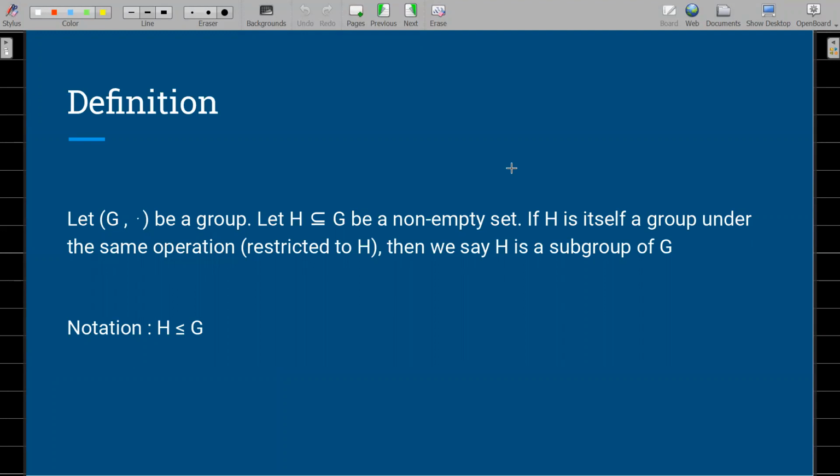If H is itself a group under the same operation restricted to H, then we say H is a subgroup of G. And the notation which we use for subgroup is a little different from subset. It's like H less than or equal to G. So, I mean, we don't say less than or equal to G, but H is a subgroup of G. Okay. So that's the notation for subgroup.